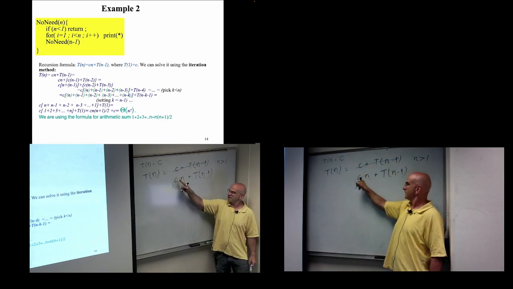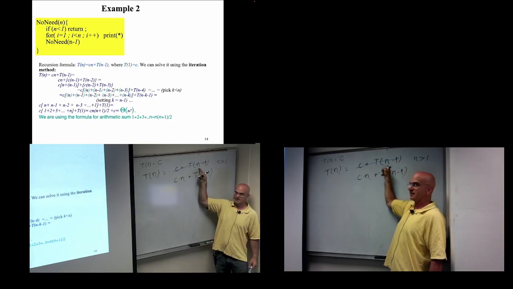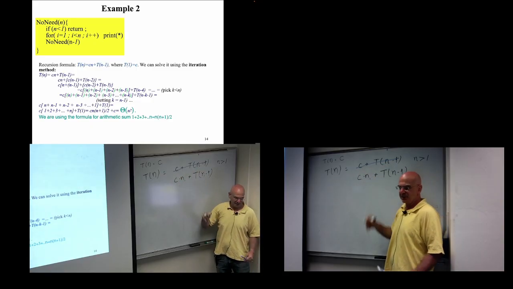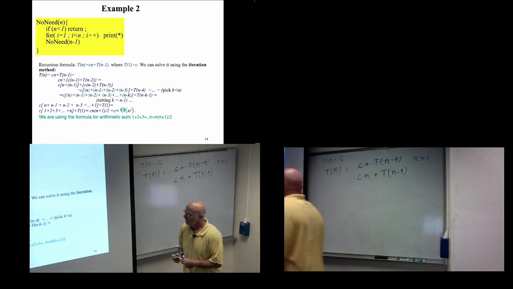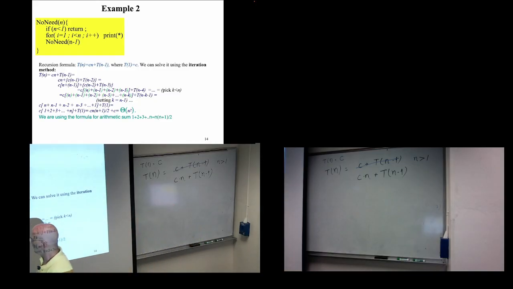The difference is that instead of C plus this creature, it's C times n plus this creature. And once again, I want to use the iterative method to express what's going on here. So let's go through the iteration.